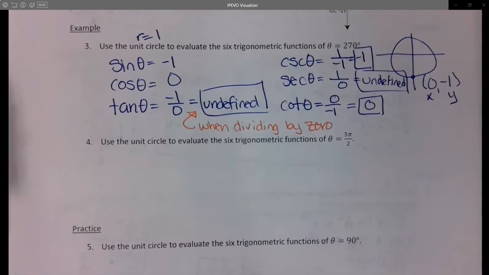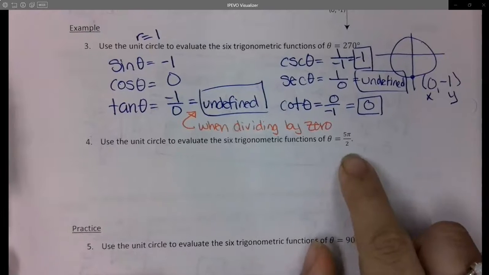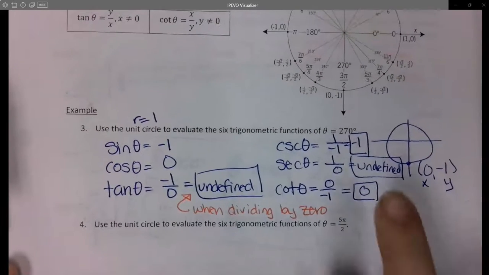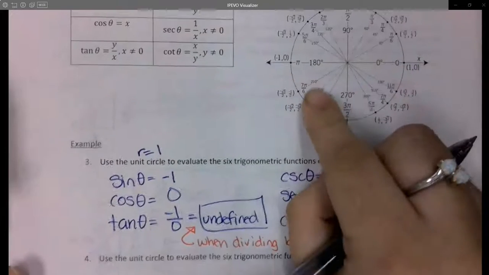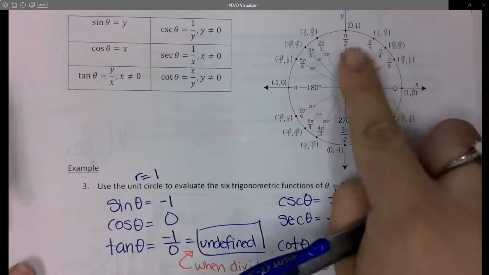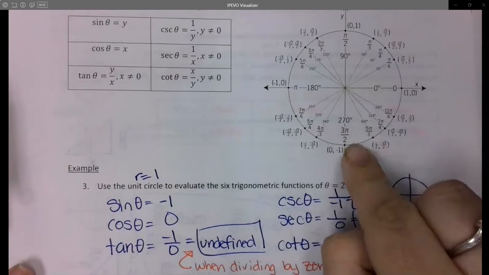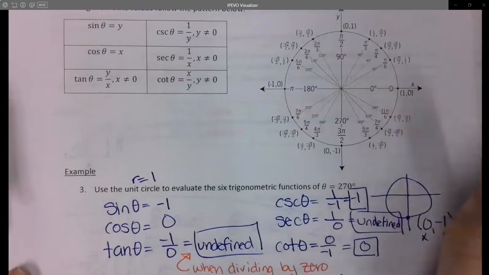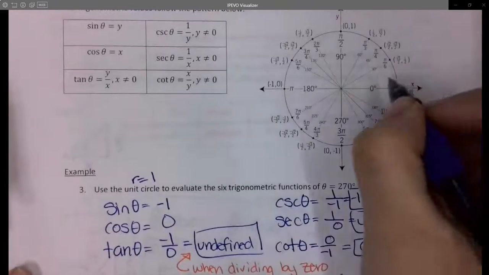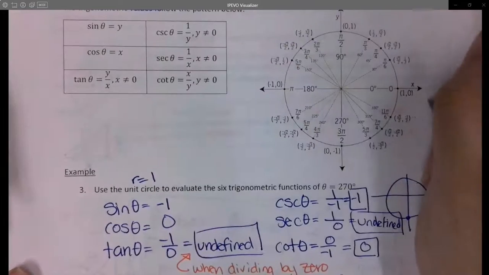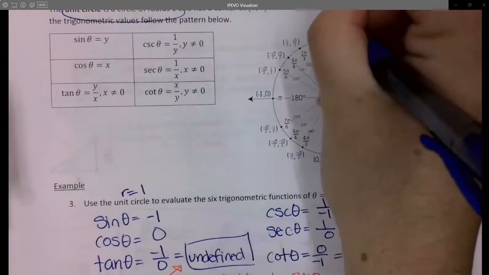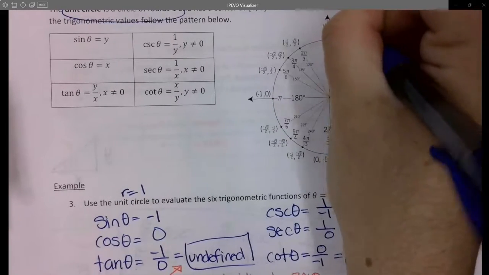Okay. So number 4 is the same thing, except this time it gives me the radians. So I want to look at the outside of my circle. So I have a pi half, I have a pi, I have a 3 pi halves, and it doesn't keep going, but the pattern here is to keep counting by a half. So over here I would have 4 pi halves, and if I kept going, this would be 5 pi halves.